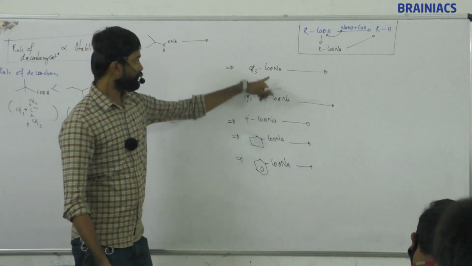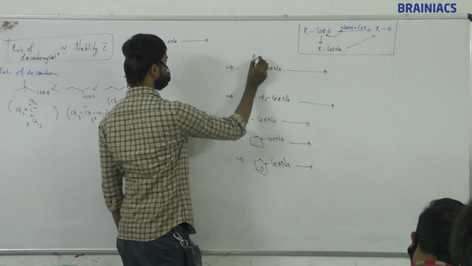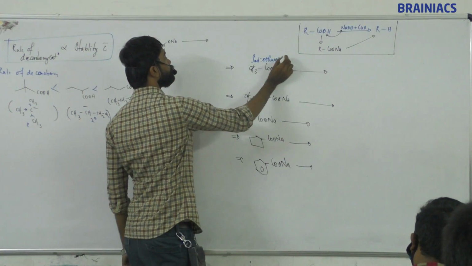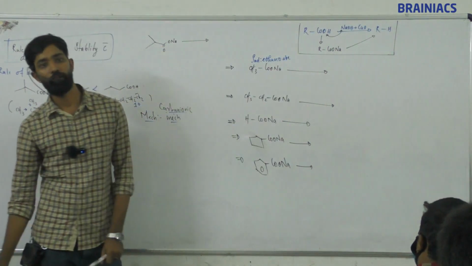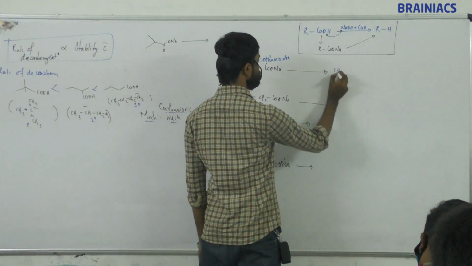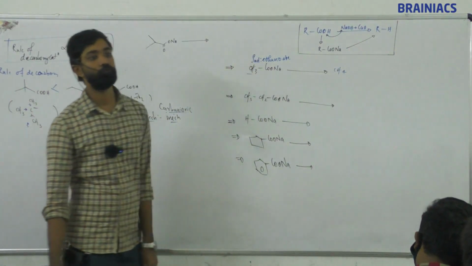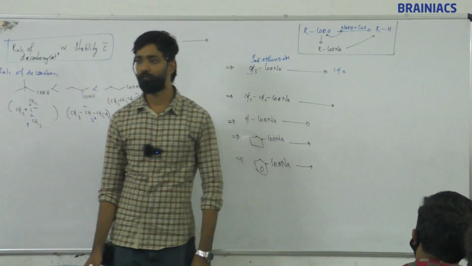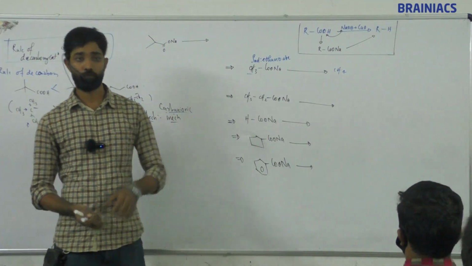The reactant is sodium ethanoate or sodium acetate. What do you obtain? RH. R is CH3, so RH is CH4. No need of writing Na2CO3. The main product is enough. So the question may be like that.